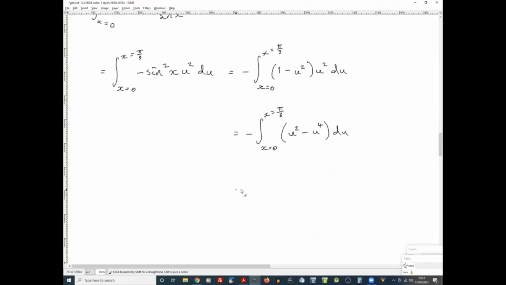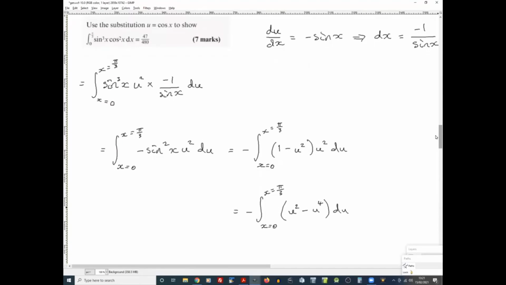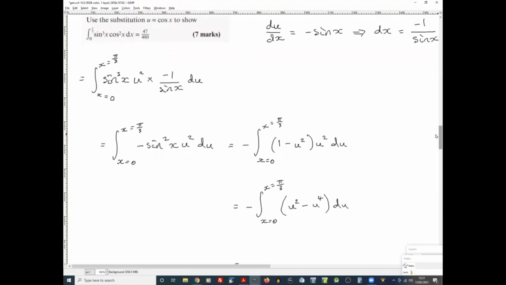And then we probably change the integral limits now. How? By saying pi over 3, u, when u equals pi over 3. No, that doesn't quite make sense.